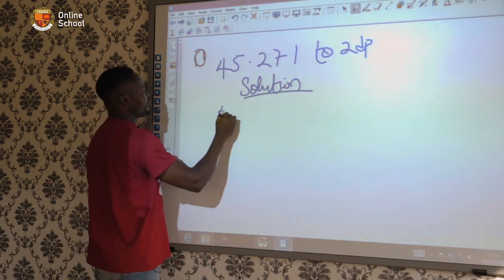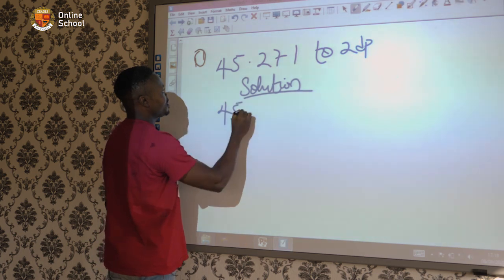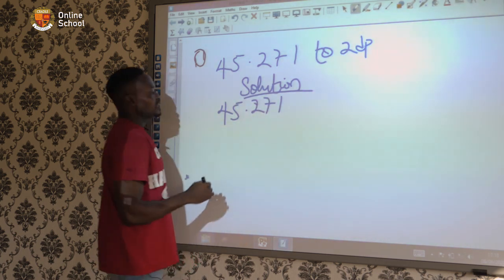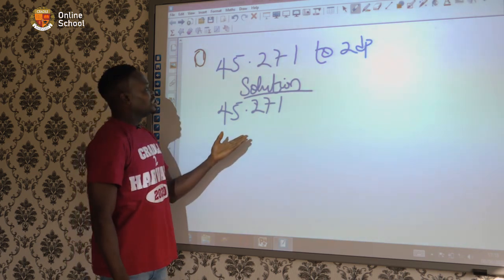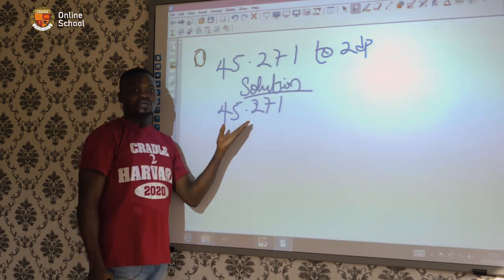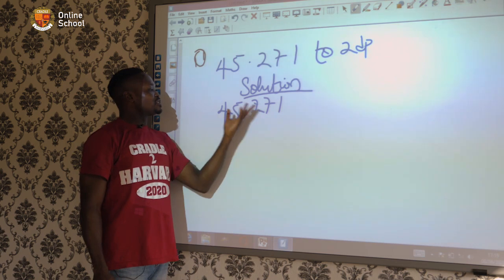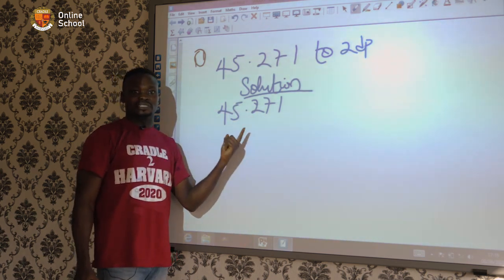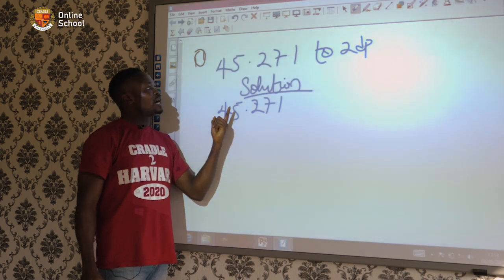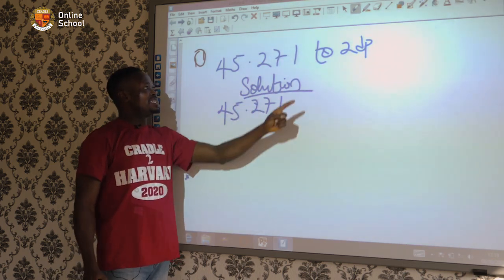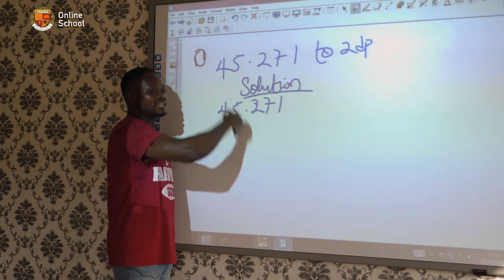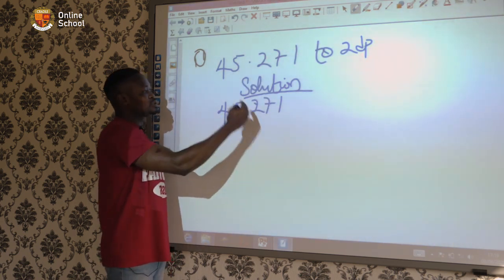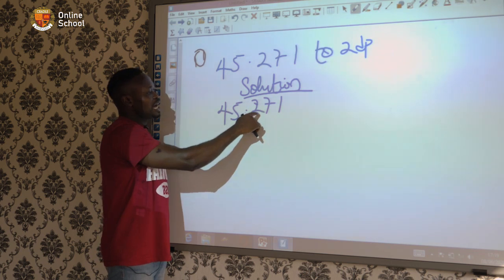From here, you have 5.271. Okay? Now, in the first example, we approximate to 1 decimal place. But here, we are going to approximate to 2 decimal places. That is 2 digits after the point. And what are the 2 digits? That is 2 and 7.